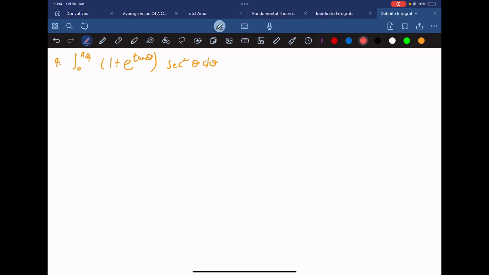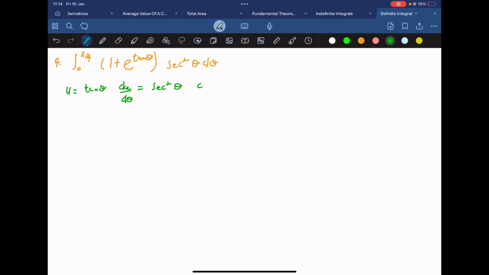Now remember from our previous examples that whenever you have an expression with an exponent, you always make the exponent u. So in that case, we are going to have our u equal to tangent of theta, and if you differentiate u with respect to theta, remember you get secant squared theta.